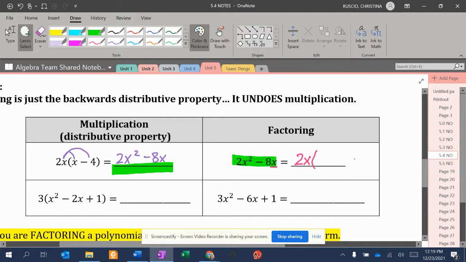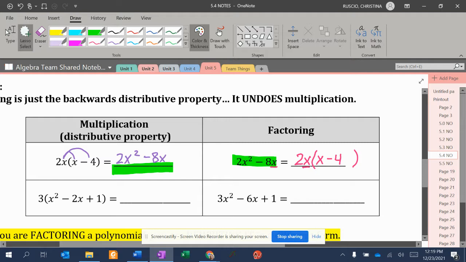So I can factor out a 2x, but I'd be left with 2 divided by 2 is 1, and x squared, if I took out an x, is plain old x. And same thing here: negative 8x divided by 2 is negative 4, and if I divide this x out of that x, I don't have any x terms.